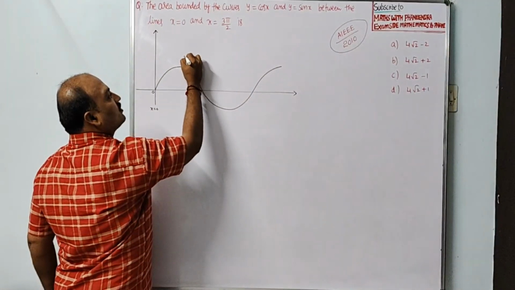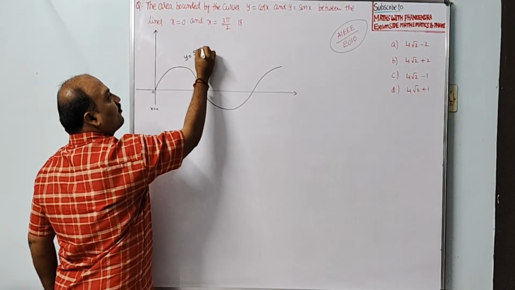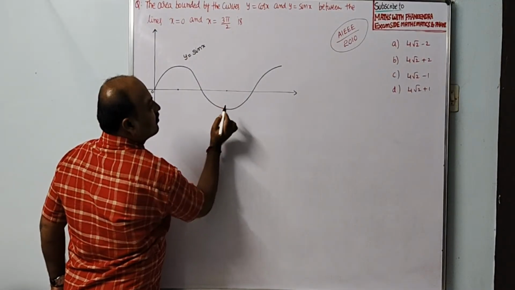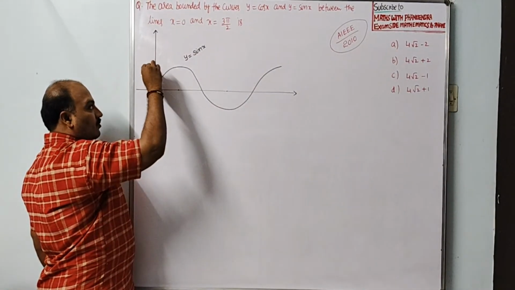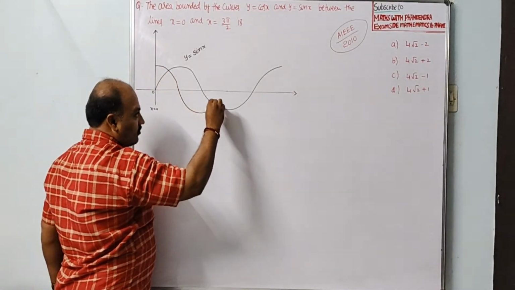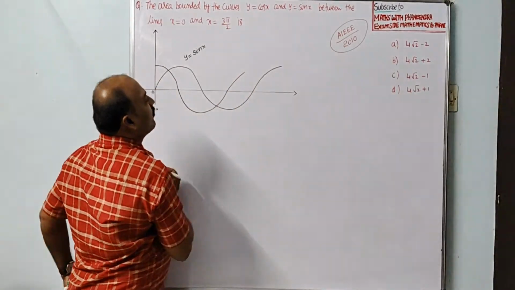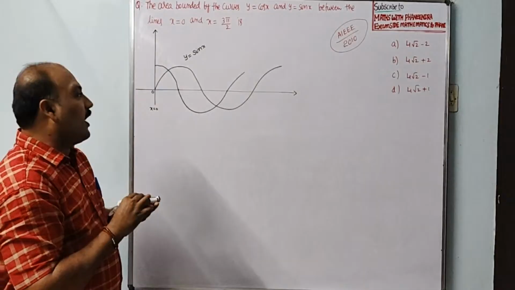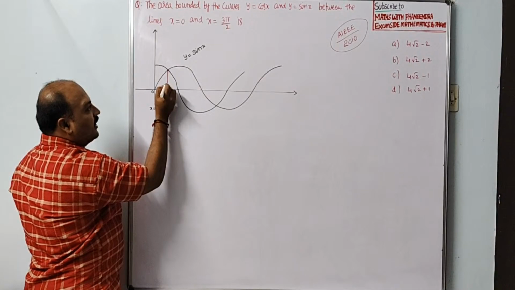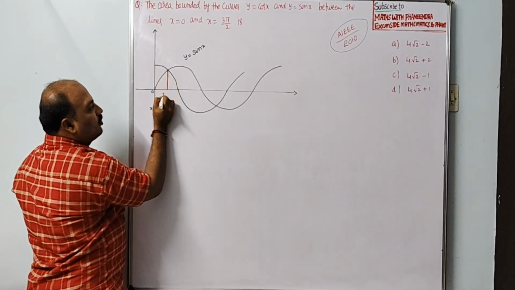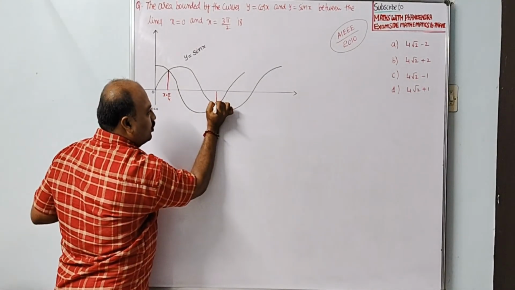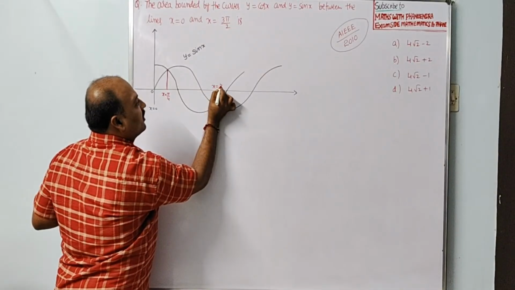This is the y is equal to sin x curve. So first we have to write the points of intersection. This point of intersection is x is equal to pi by 4, dear students. This is x is equal to 5 pi by 4, which we wrote just now in one of the problems.